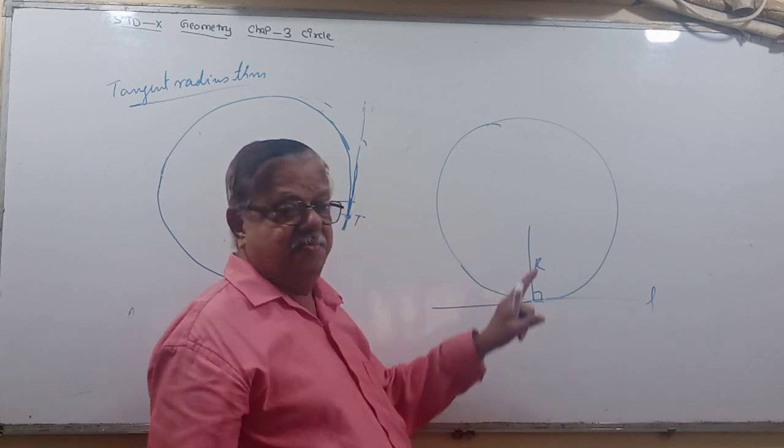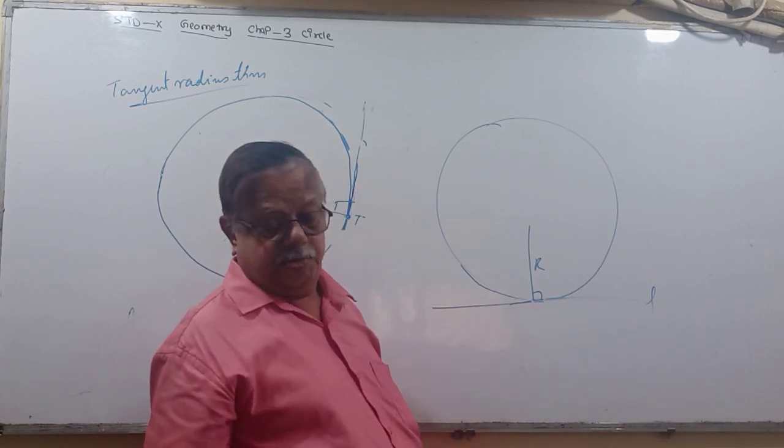That means this line meets the circle in one and only one point. That's what we are doing.